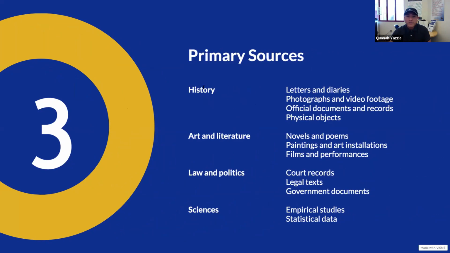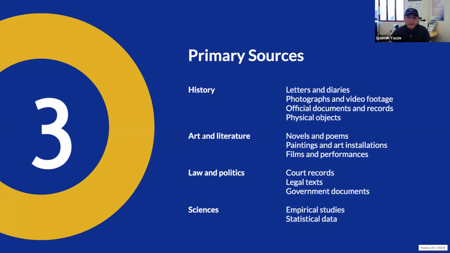So with history, primary sources can be letters and diaries, because people wrote those things themselves. Photographs and video footage, the same thing. Official documents and records, the same thing. Physical objects, and so forth.